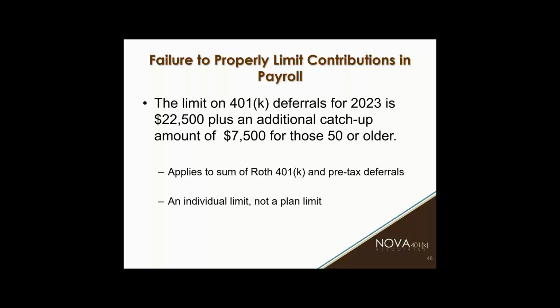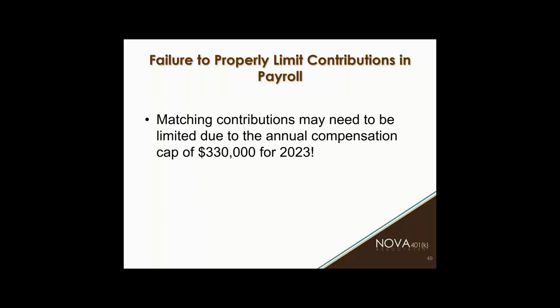So think about it as two different limits: $22,500 for under 50 and $30,000 for 50 or older this year. It applies to the sum of your Roth and your pre-tax. It's not two different limits, so you can split your money up between Roth and pre-tax contributions as an individual, but the total limit is the same.